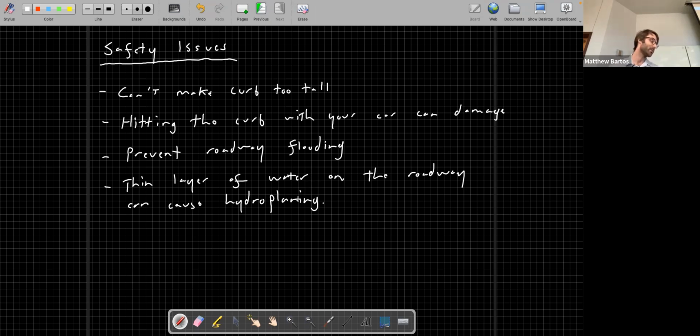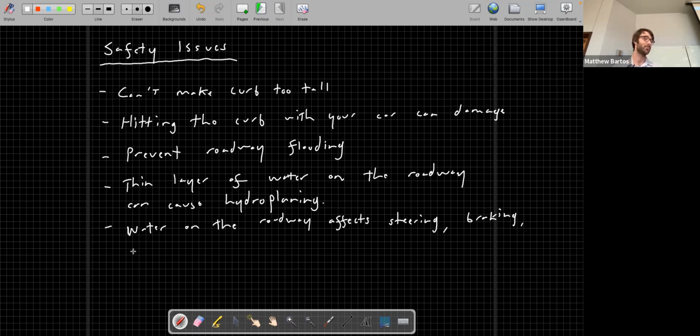More generally, let me just write this down. Water on the roadway has several negative effects on driving. So it affects steering. It affects braking, so it increases the skid distance.